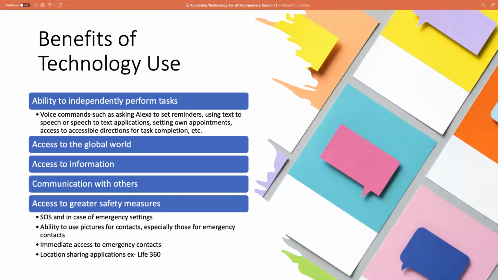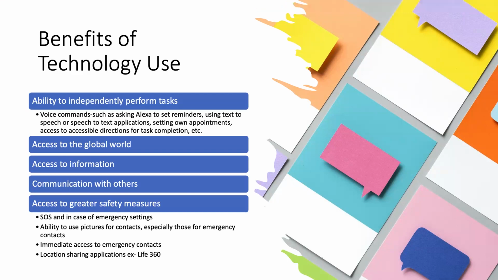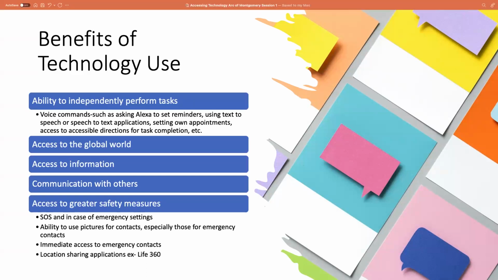So under in case of emergency, if she made a screenshot of 911 and put it in the picture profile so that they could see, oh, this is 911, I'm going to push that picture and it will call them instead of having to dial it in. So you have the ability to change the settings of technology for making greater safety measures.